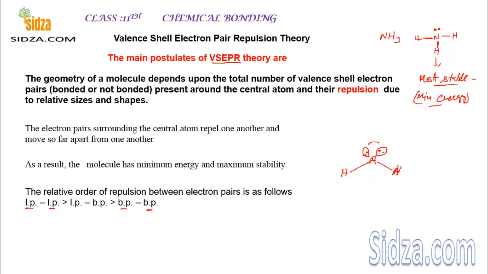The lone pair repulsion here is the maximum. The bond pair and bond pair repulsion here is minimum, right? So this is the maximum, this is the minimum, and in the middle is the repulsion between a bond pair and a lone pair.